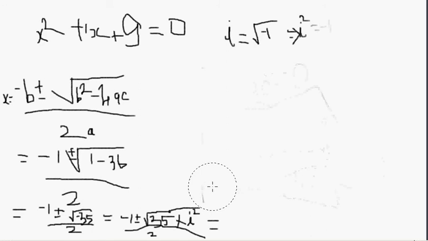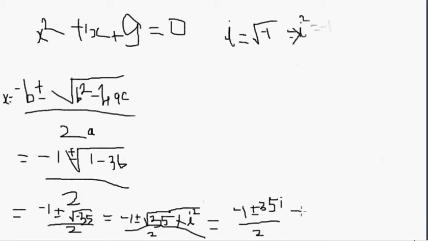So now what you're going to do is minus 1 plus minus root 35 i, over 2.